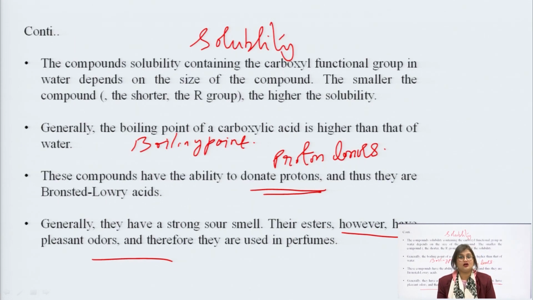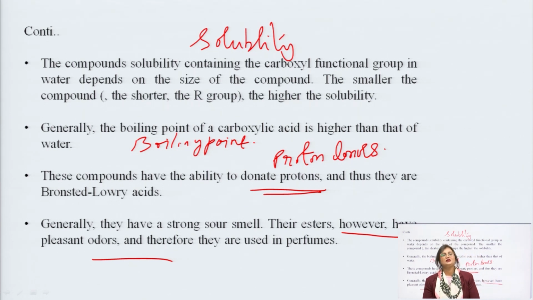Further, when we talk about solubility, the solubility of carboxylic acids depends upon the alkyl side chain. Shorter the side chain, greater is the solubility. Longer the side chain, lower is the solubility.